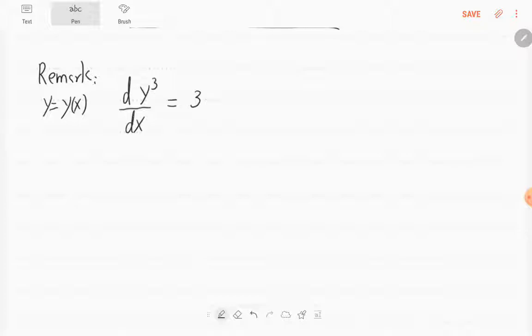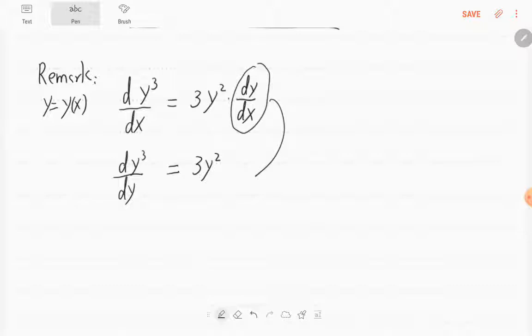So this is 3y squared, times the inside function y, the derivative of y about x. If we take the derivative d(y cubed)/dy, what's that? That is just 3y squared. Why do these have different results? One has one more term, which is dy over dx. The other one has no dy over dx.